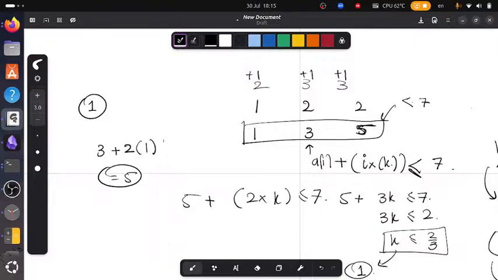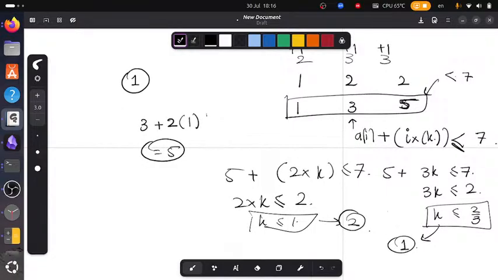Now 2 times k is smaller than or equal to 2. Right? So k is smaller than or equal to 1, and we can do this for 2 days, right? We can do this thing for 2 days.